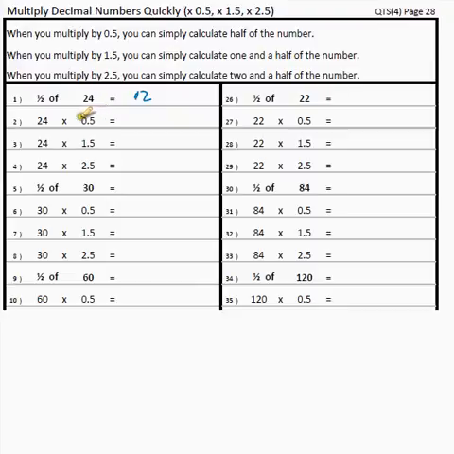So now we're just going to see 0.5 as a half, because we know that 0.5 is 5 over 10, which is a half, isn't it? So just see it as a half of 24, which is 12.